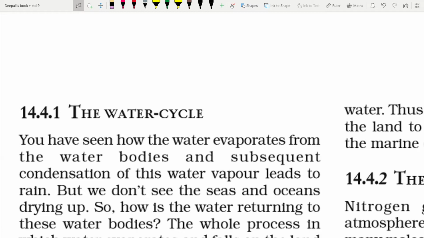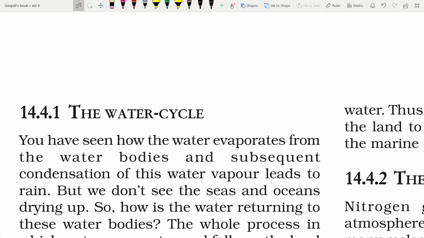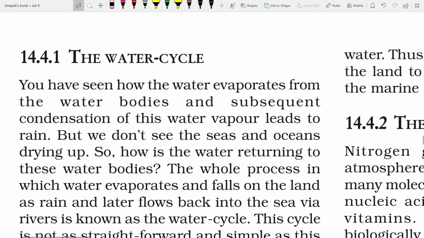Or how does this water keep on getting generated? Now we have seen how the water evaporates from the water bodies and subsequent condensation of this water vapor leads to rain. But we don't see the sea and ocean drying up. So, how is the water returning to these water bodies?